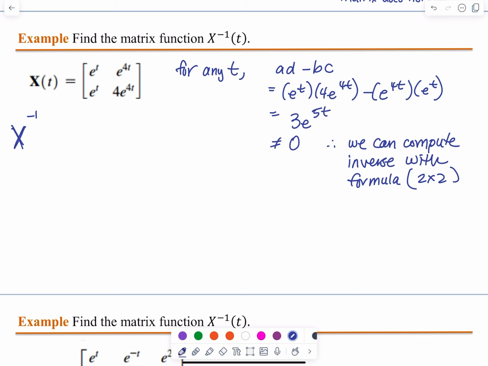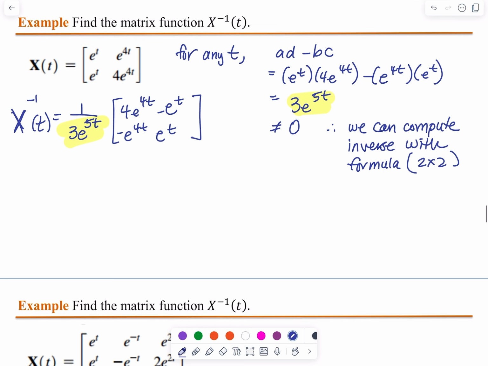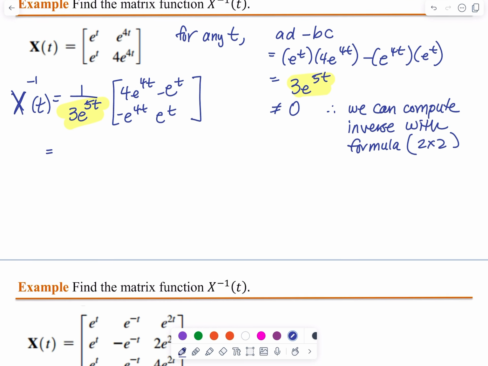So our inverse function is going to be equal to 1 divided by 3e to the 5t, all multiplied by, remember we will move these entries across the diagonal, and then these will have opposites on them. And now we will take each one of these entries and divide by 3e to the 5t.